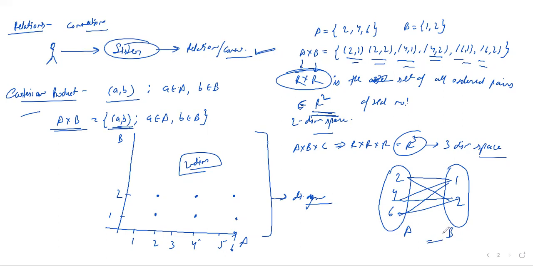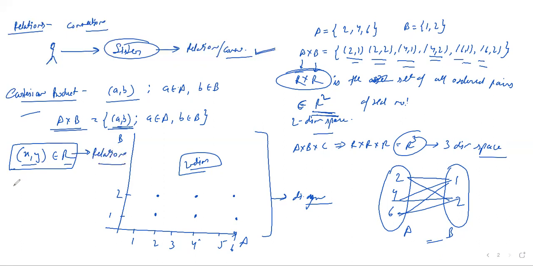Now let's see, if I write (x, y) belongs to R, then what does this mean? This ordered pair (x, y) belongs to the relation R. Here by R I mean that this is a relation.